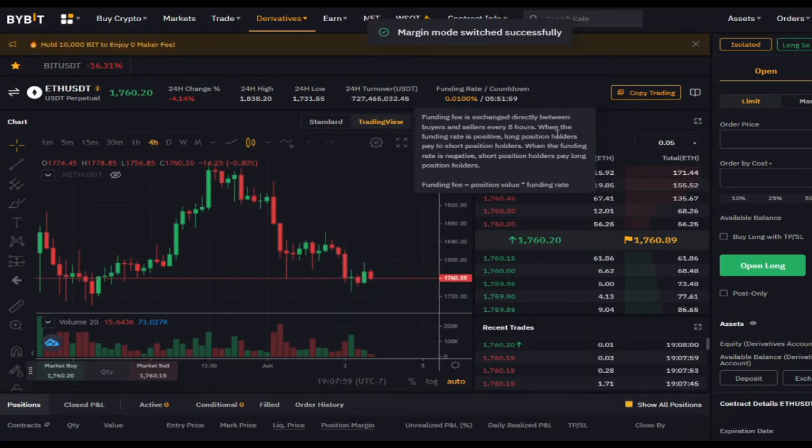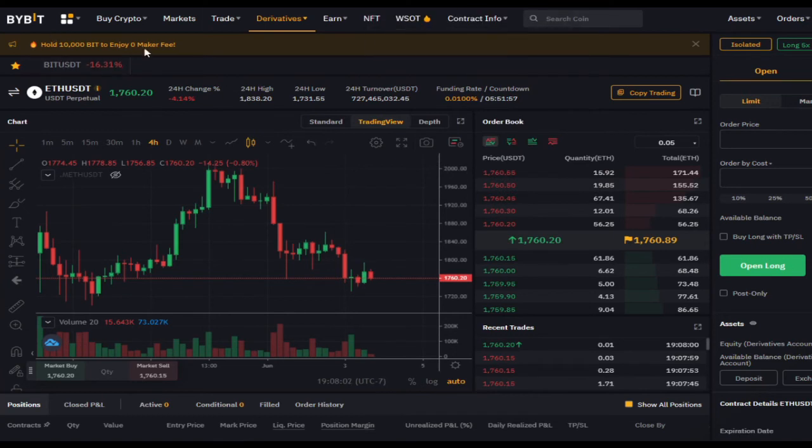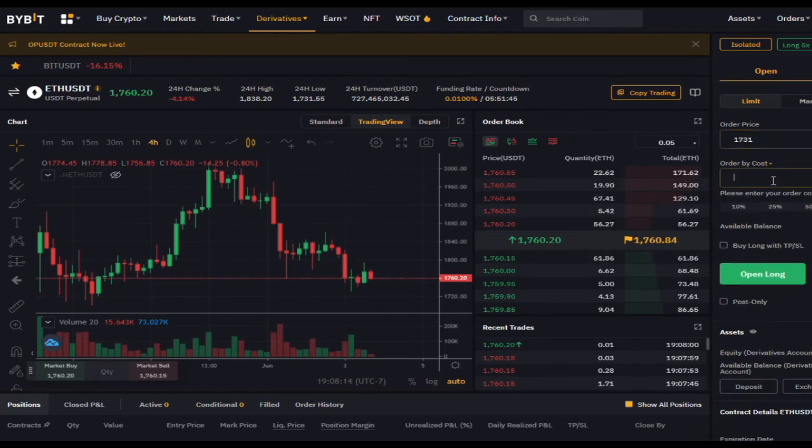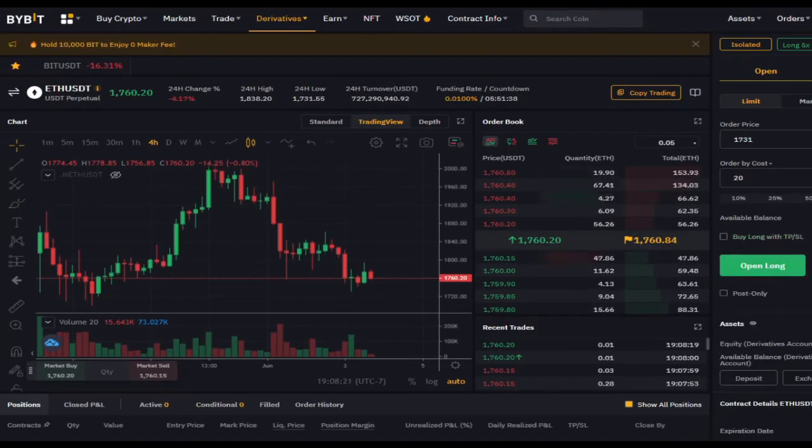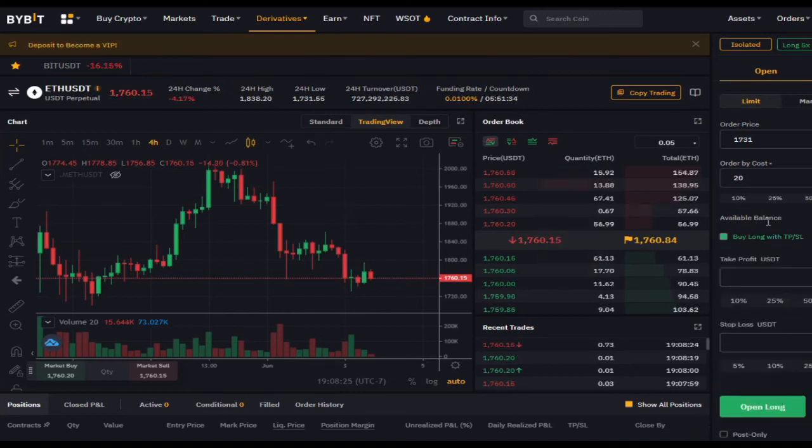Okay, so the first part's taken care of. We're on Ethereum. We know the current price. We changed our leverage. We changed the isolated. We know that we want a limit order. We know the price we want to pay, which is 1731. We know that we want to put up, let's just say, $20. We know that we are going to buy long. And so remember, you can do long or short right here, but just for this example, we're doing long.